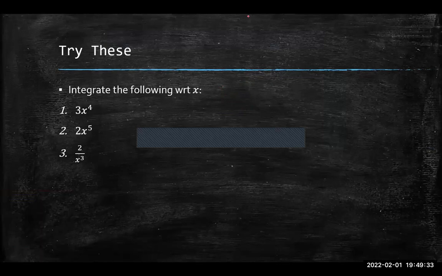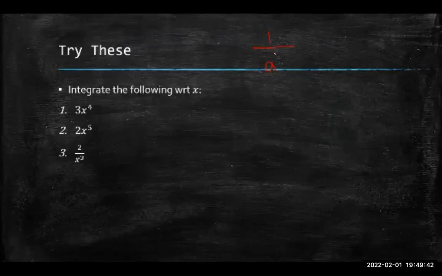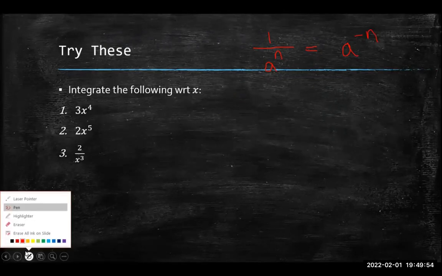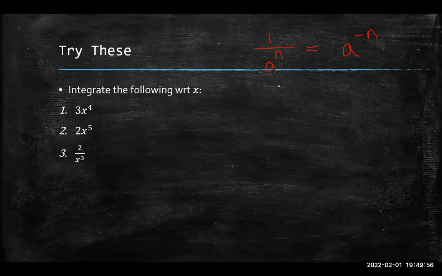From our laws of indices, we know, I'm just representing A as my base, right? N is my power. So 1 on A to the power of N is the same as saying A to the power of minus N. Therefore, let me just use 1 in the numerator.